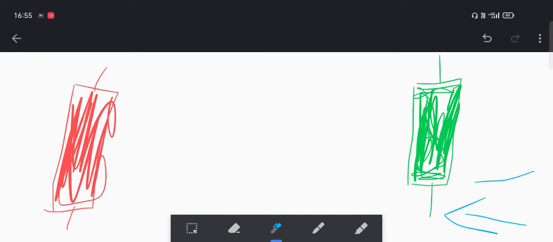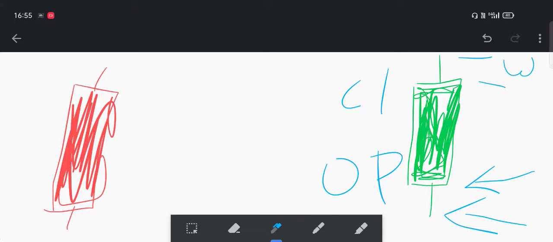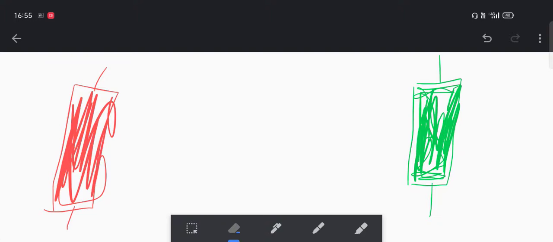Where it has started is called the opening, and where it has ended is called the closing. These are called wicks, and this is called the tail. To put it in a clean manner, in that particular time frame the candle started at this level, went down till here, and closed here. It tried to go up but closed at this level. This is the real meaning of a candle.